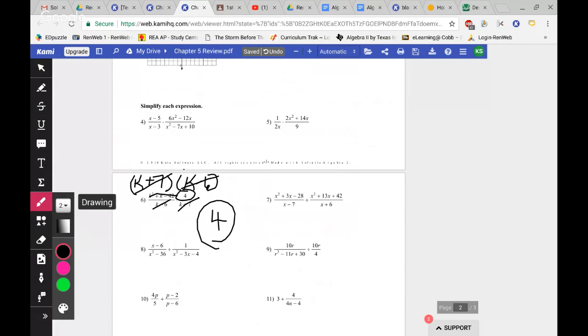For that one? Yes, sir. For the factors of 42, couldn't you technically do k minus like 1 and then k plus 42? Or I mean k minus 42 and then k plus 1? That's a good question.